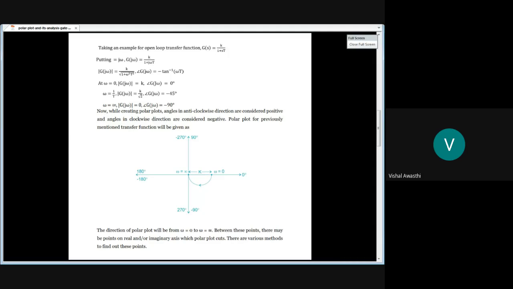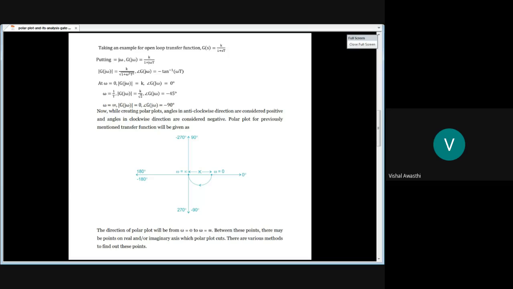So when you put omega is equal to 0, this becomes k upon under root 1 only. So this is nothing but k, whereas angle is minus tan inverse 0, and that angle becomes 0.